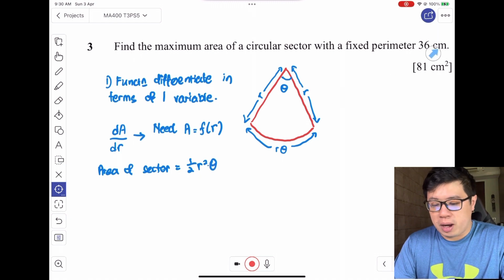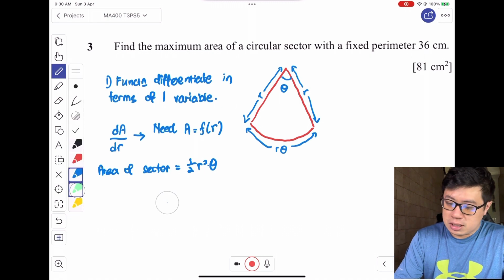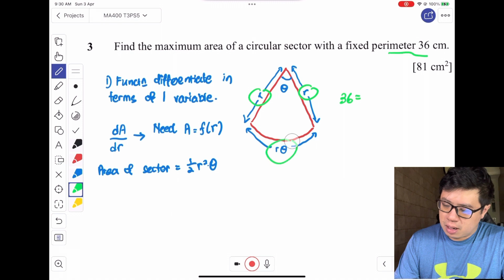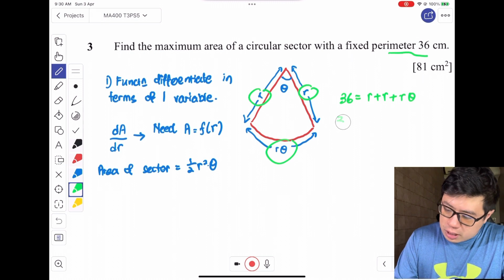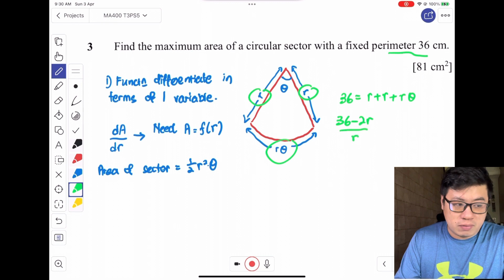If you look back at the question, they provide the information that the fixed perimeter is 36. So 36 can also be the same as r plus r plus r theta, which also says that theta will be 36 minus 2r, divided by r.